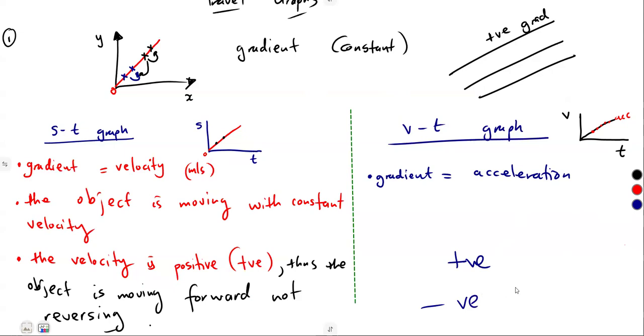It can be a negative acceleration. Where you obtain a negative acceleration, it means that there is a deceleration or a retardation occurring at that moment. And acceleration is simply taken from velocity over time.